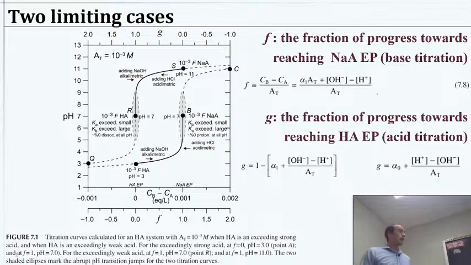Okay, so there's a couple of terms that I mentioned and hadn't quite gotten to last lecture, and that is the F and the G. So we see two additional axes here we could take a look at for the x-axis. What these are providing is some fraction of the total amount of base or acid that we would have to add in order to get from one equivalence point to the next. So when we say F is 0, that means we're starting at the HA equivalence point.